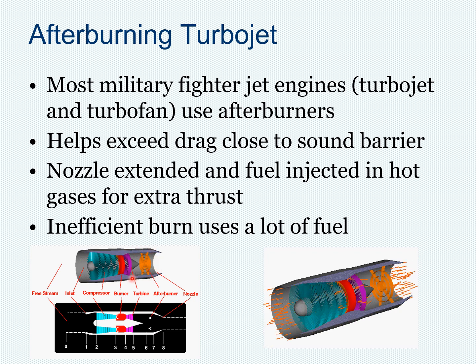That means here we will get extra thrust. After that it will expand in the nozzle. So by having the afterburner, the overall engine thrust will be increased by 10 to 30%. These are all the basic engines. Thank you.